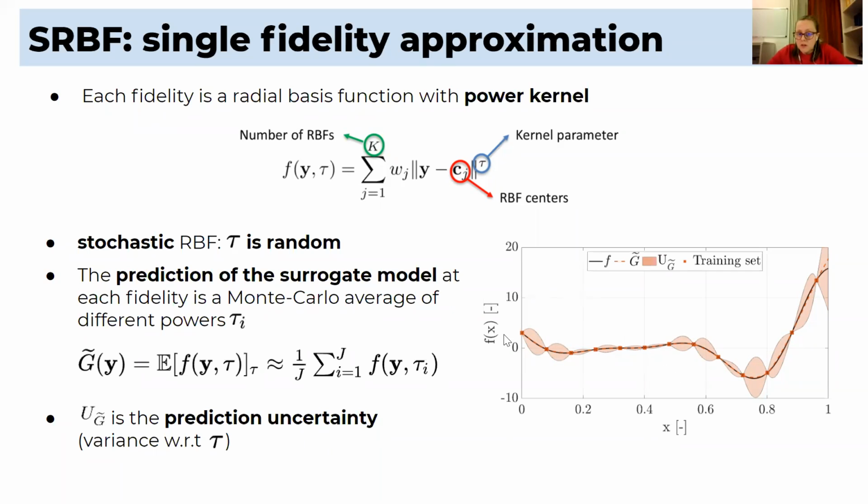We can look at this figure on the right. For the moment, let's assume that the RBF centers, these c_j, are equal to the training points, located at the orange squares here. We take into account a certain number of RBFs, sample the kernel parameters, average with Monte Carlo, and get our prediction G tilde.